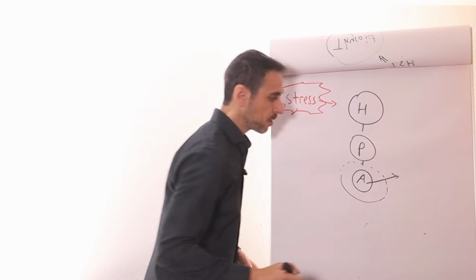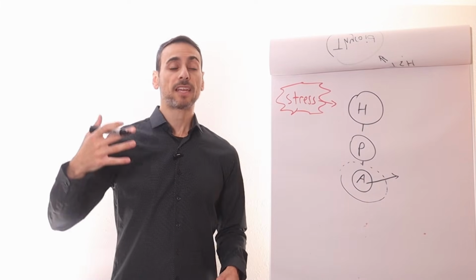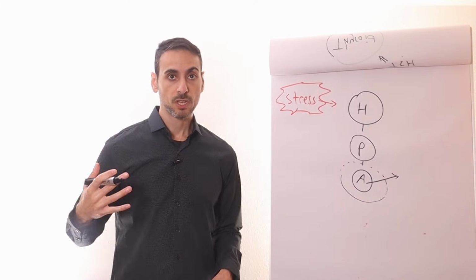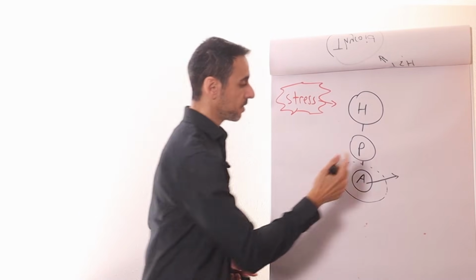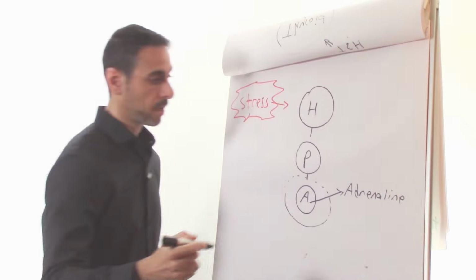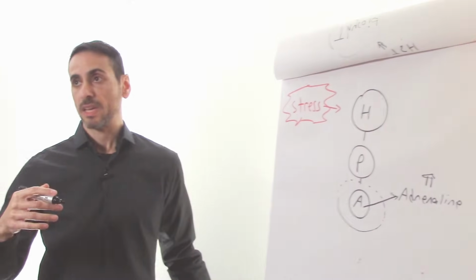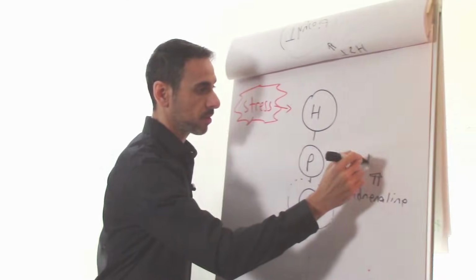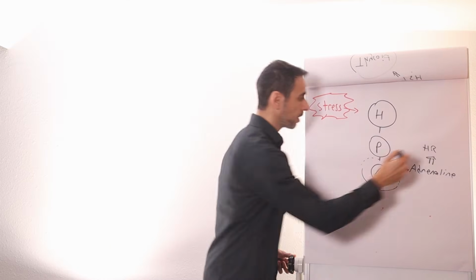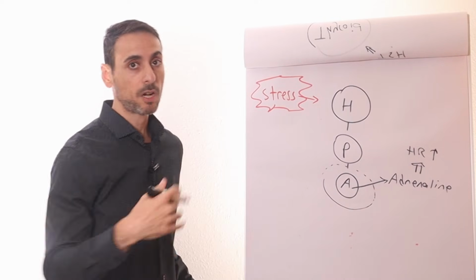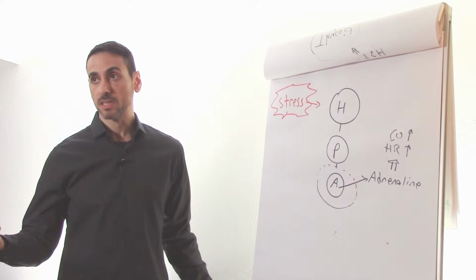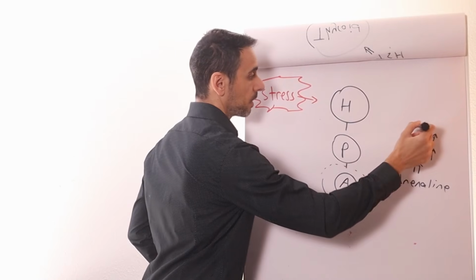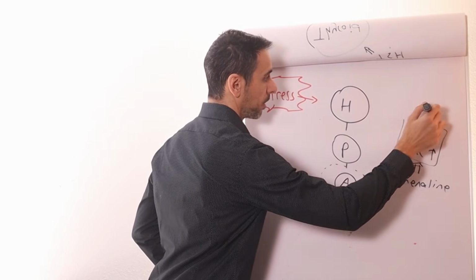Every time we have activation of the stress response, we essentially have the secretion of adrenaline and noradrenaline. What adrenaline does is elevate our heart rate as part of the sympathetic response, also elevates our cardiac output, and activation of the sympathetic system also essentially leads to high blood pressure.